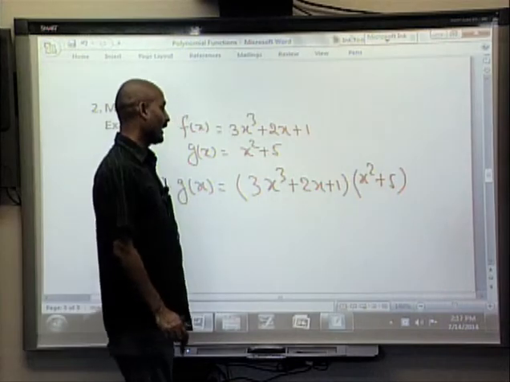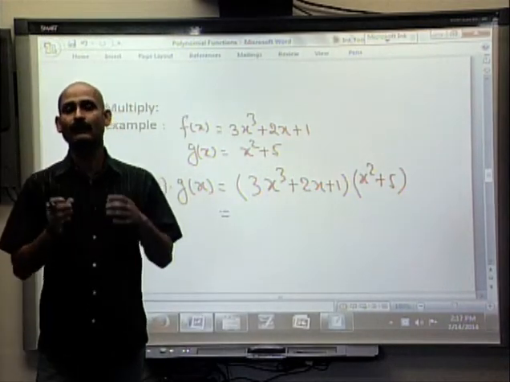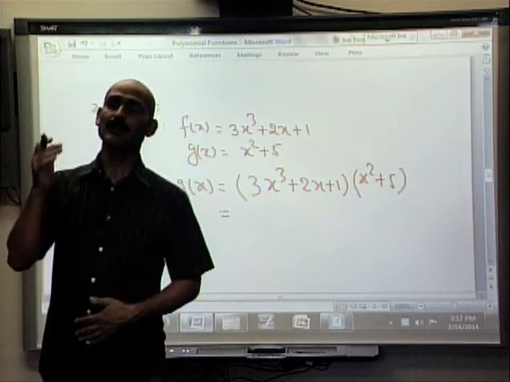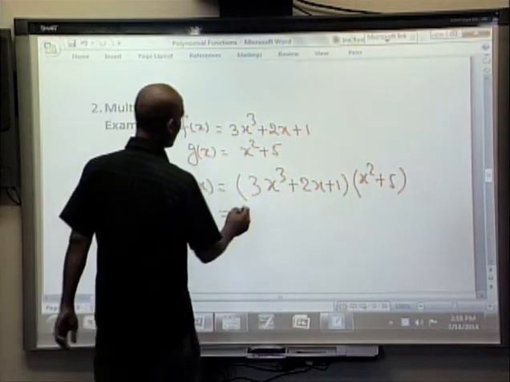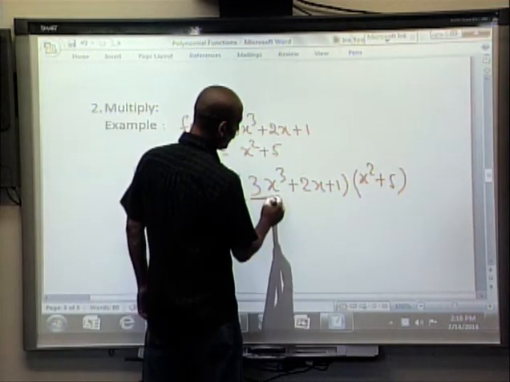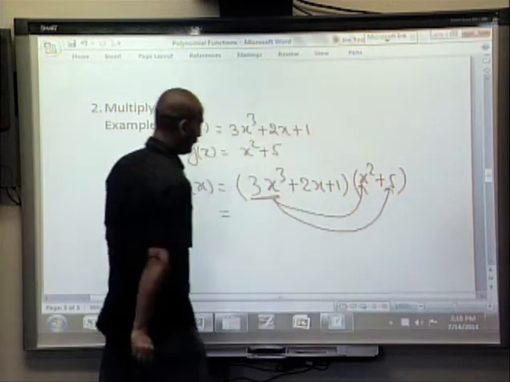Well, when we multiply, each term in the first polynomial should be multiplied with each term in the second polynomial, meaning that this 3x cubed will multiply x squared and it will multiply 5 as well.